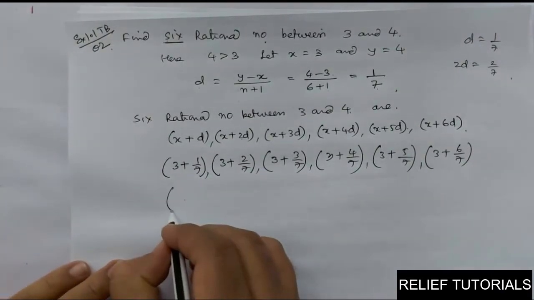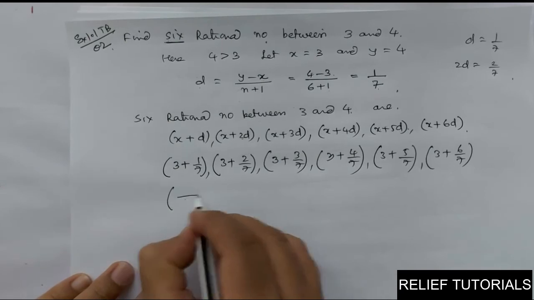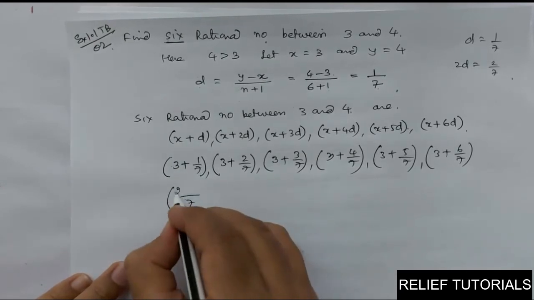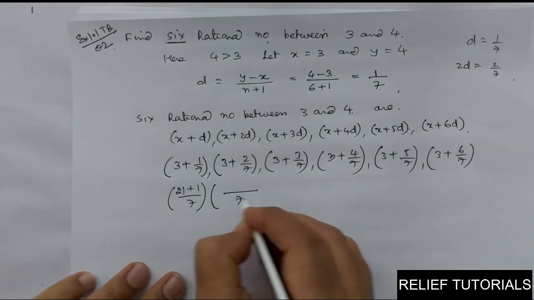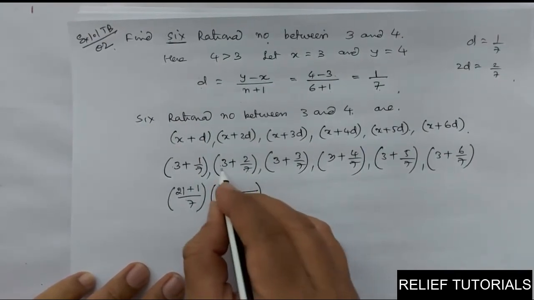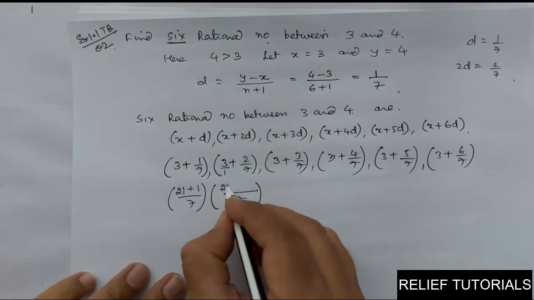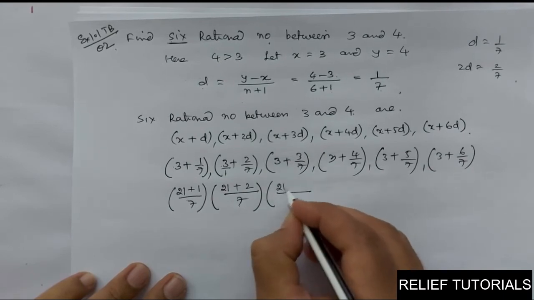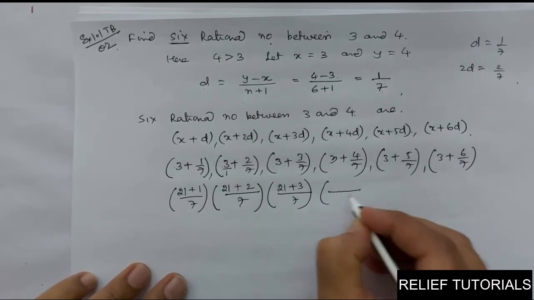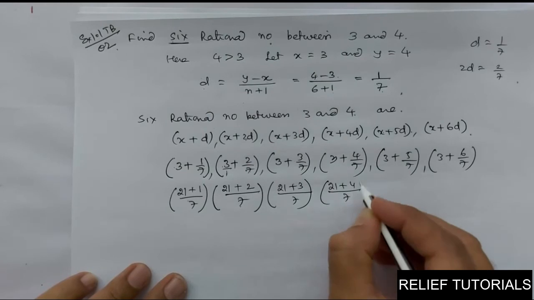Now you know how we will solve this. See, LCM 7. 7 threes are 21, plus 1. Have you got it? LCM we are doing here. 7 is the LCM. Here 3 by 1, so LCM is 7. 7 into 1, 7. 7 threes are 21 plus 2. Here also 7, 21 plus 3. Here also 7, so 21 plus 4.